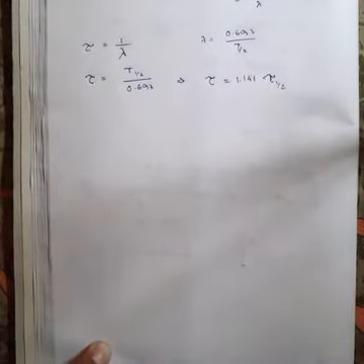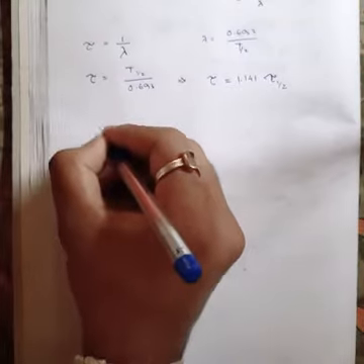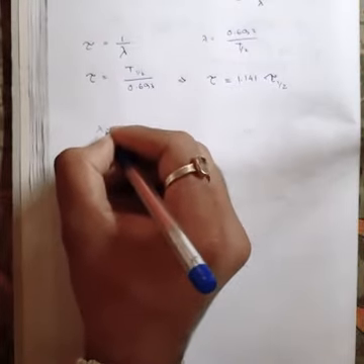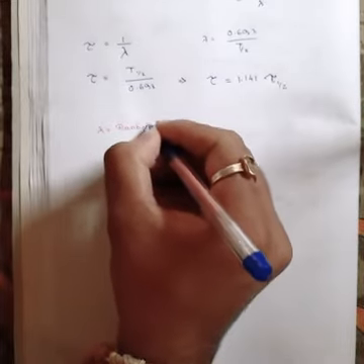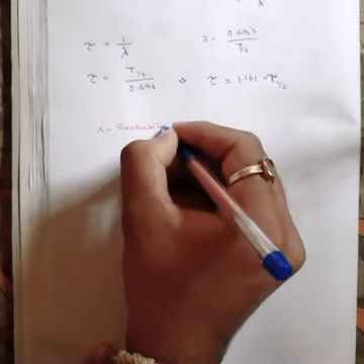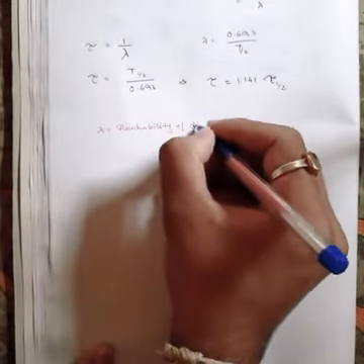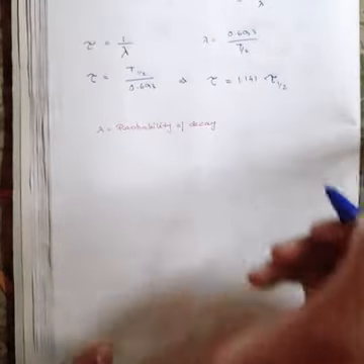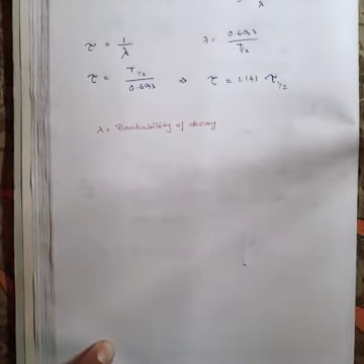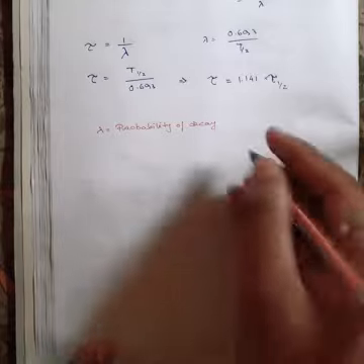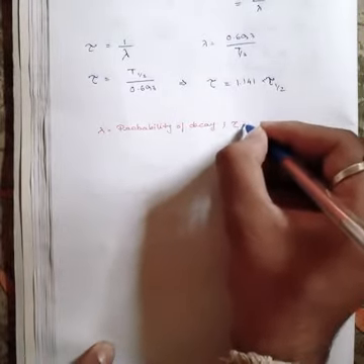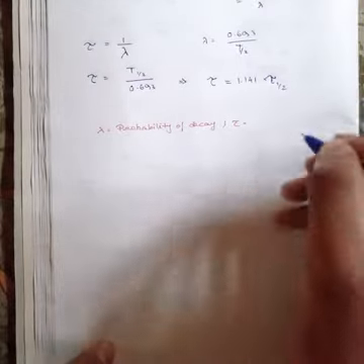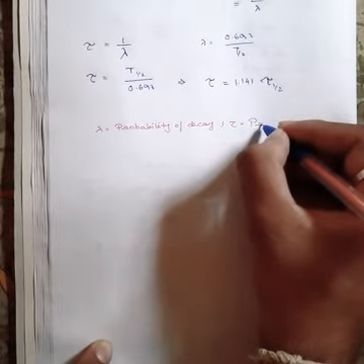Alternatively, we can also do this. Lambda is basically the probability of decay. This is the decay constant, and tau is the average life, so it's the probability to live.